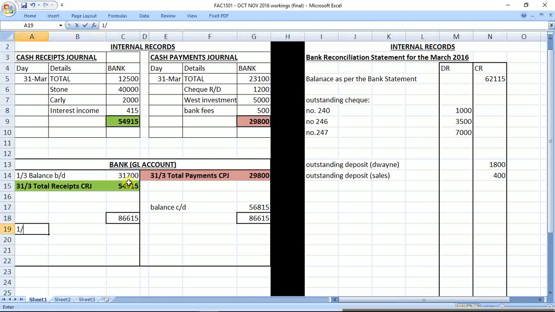So new month, 1st of April. Balance brought down equals that answer. Here, does the bank have a favorable balance? Yes.